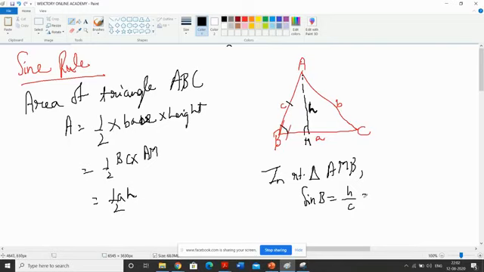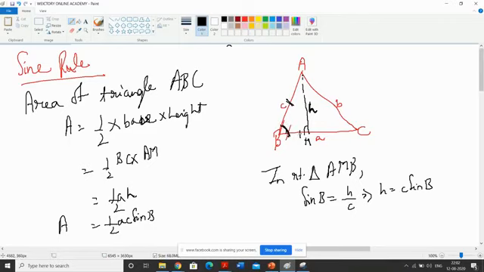So we can write h as c sine B. Now this we can substitute here, so you will get half ac sine B. So this is the formula of area of triangle: half the two sides a and c and the sine of included angle.